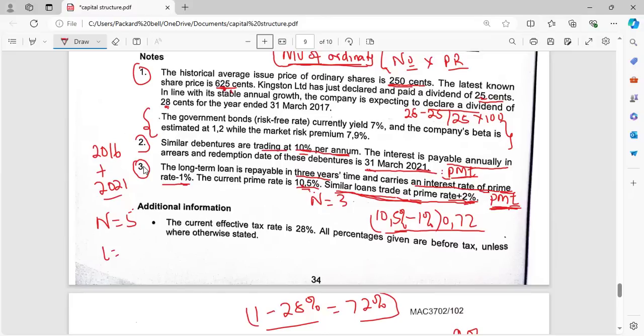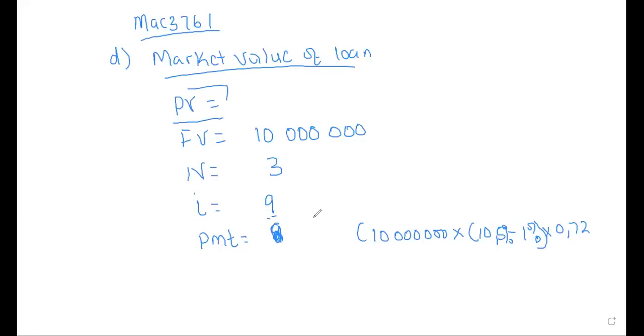That is what we'll be paying to the bank. But this one, we want to use to calculate the present value of the loan. So this is the present cost of capital. So that's why we took this one when we calculate the cost of capital. I don't know if it's clear now. So don't confuse these two percentages when you are doing your calculations. Don't confuse them. There are two percentages: the present value percentage and the one that you are going to use to calculate PMT. Right, what is going to be our PMT here?